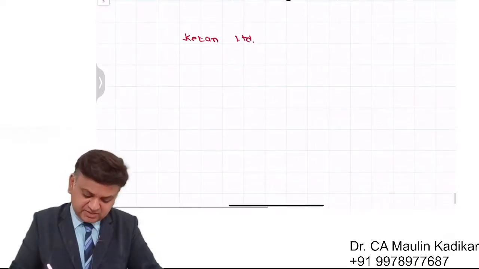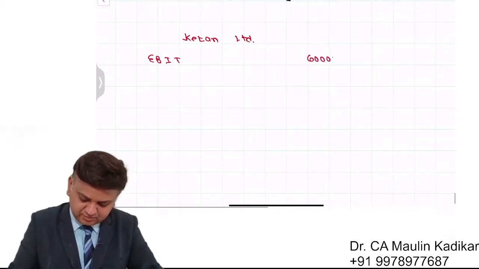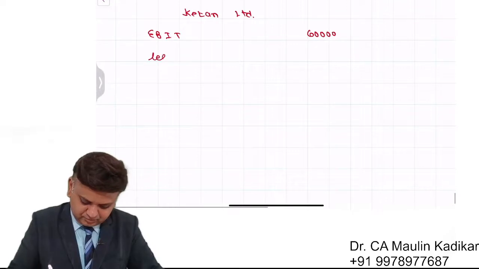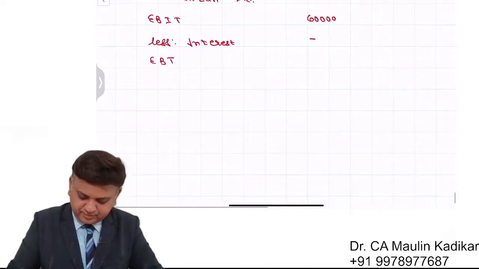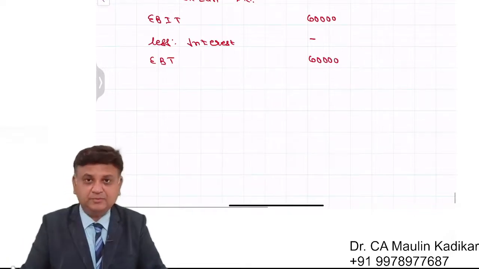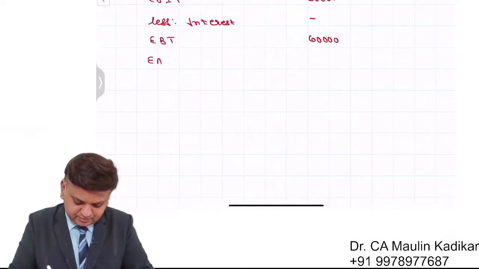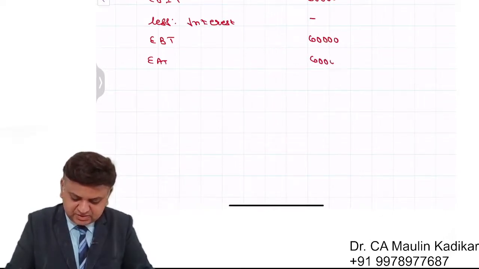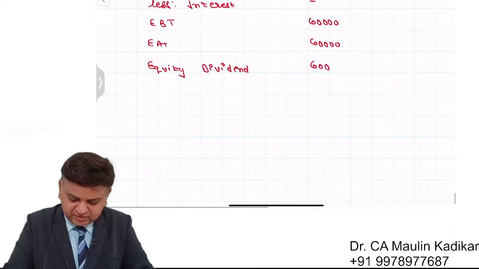As far as Ketan Limited is concerned, its operating income is 60,000. Less interest is 0. Earning before taxes is 60,000. Income tax rate is 0. So earning after taxes is 60,000. Equity dividend is 60,000 once again.